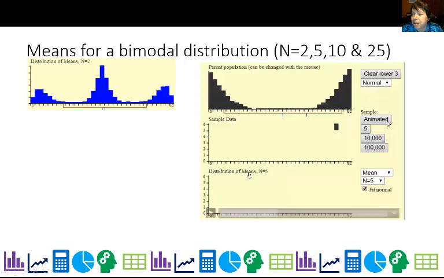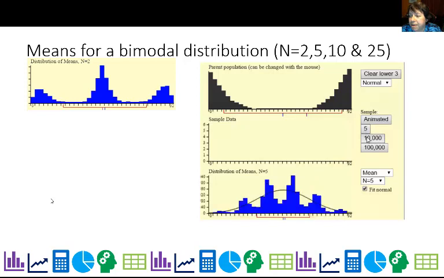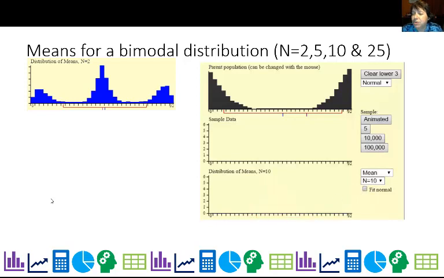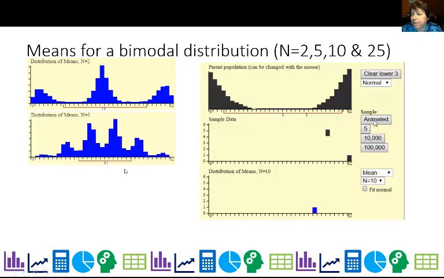All right. What if I go with a larger sample size? Here I'm using a sample size of 5. And it's still pretty crazy because I can still get really extreme values. But what if I go to larger samples? I'm sorry, these are sample size 10.